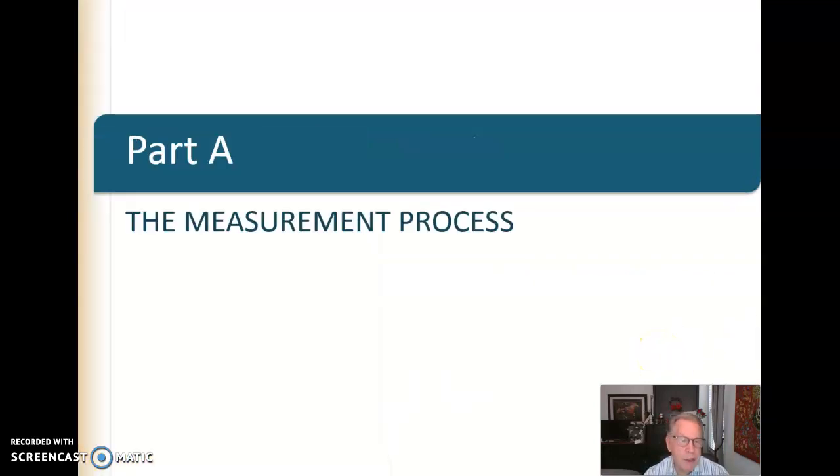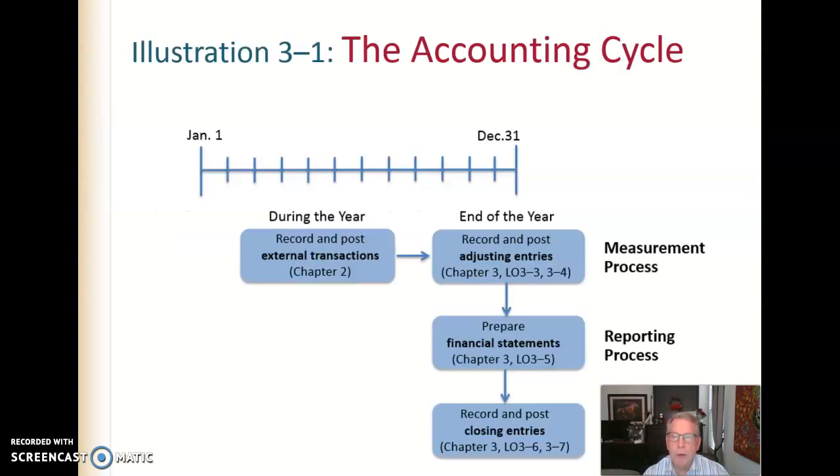How do we do that measurement process? Let's take a look. During the year, we're going to record all our transactions using debits and credits, and we went through that in Chapter 2. Now we're looking at the adjusting entries.